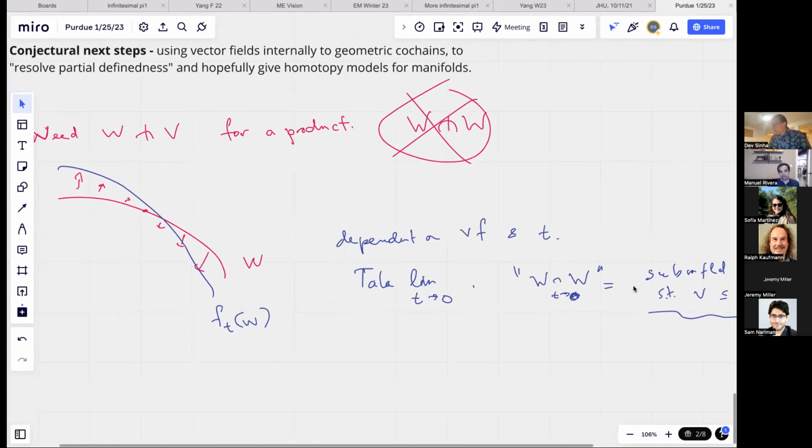So alternatively, we could flow backwards, or I could have just said V and minus V with the same t. We could flow forwards and backwards and take that, and that's nice and symmetric.